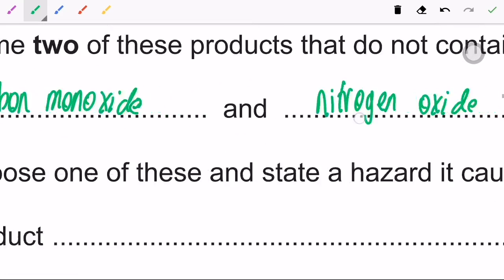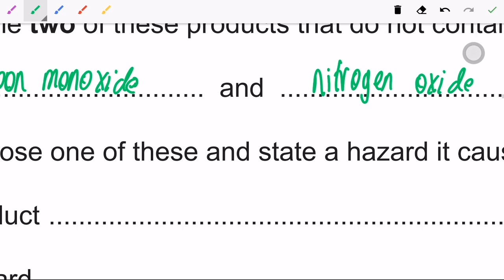Choose one of these and state a hazard it causes. Rather than using nitrogen oxide and saying that it can convert into nitrous acid, which can be the cause of acid rain, rather than stating a long explanation, just write a simple answer. Use carbon monoxide.